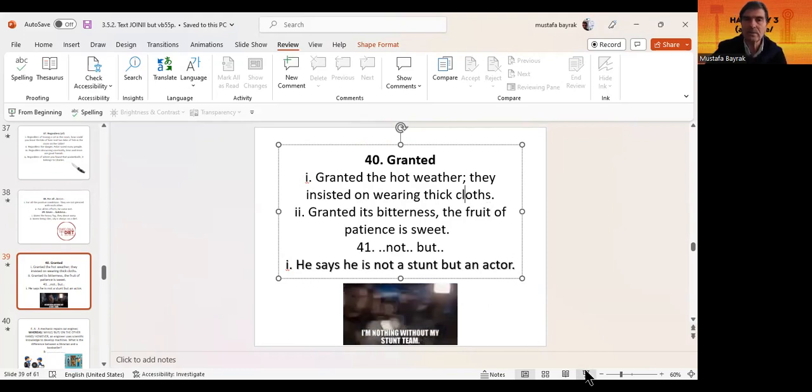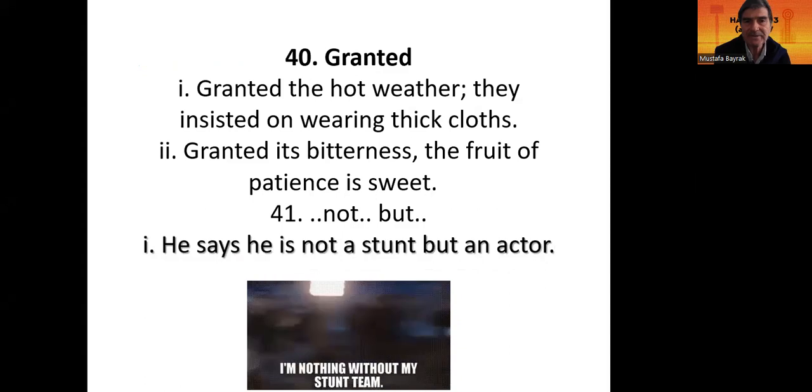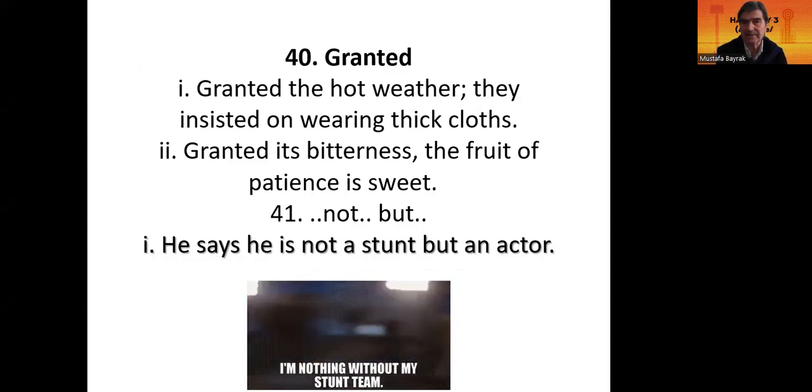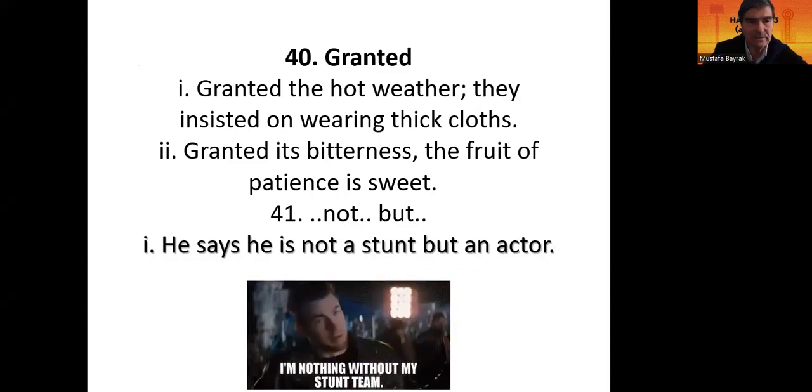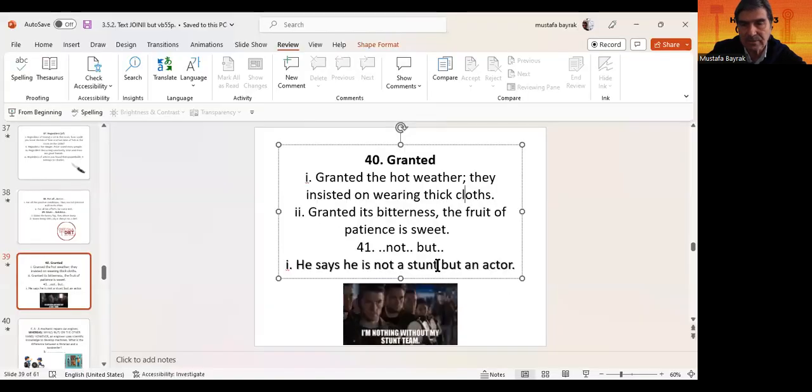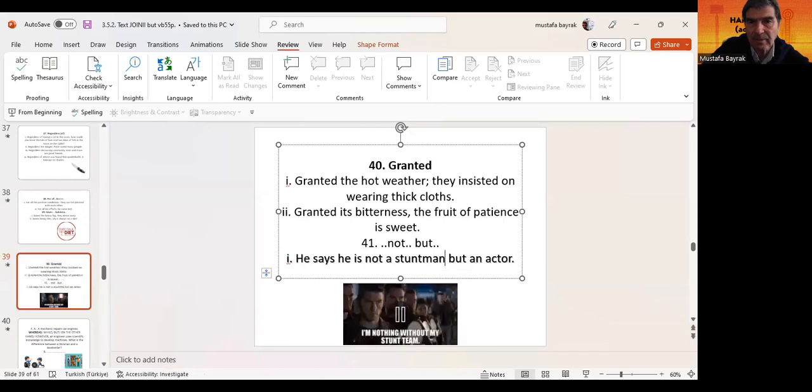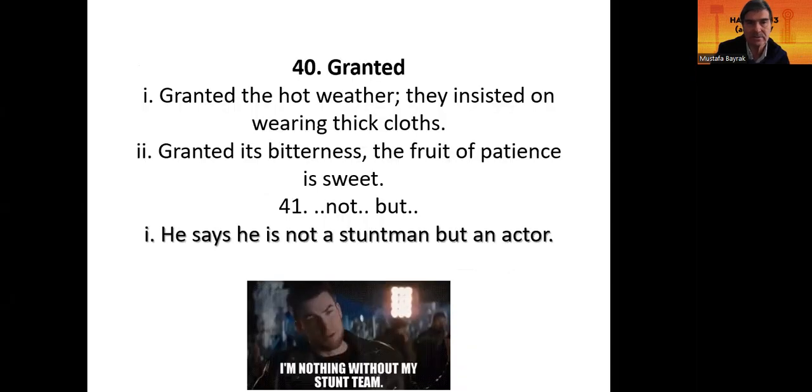Okay. He says he is not a stunt man. Let's put man here, stunt man. He says he is not a stunt man, but an actor. Yeah. What does he say? Let's read.